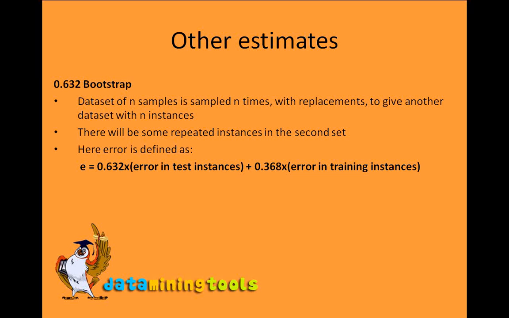By replacement we reuse data to give another data set with n instances. Now there will be some repeated instances in the second set, and here we define the error rate using this formula: error in test instances plus some factor times error in training instances. Error in training instances is also known as resubstitution error, which we studied earlier.